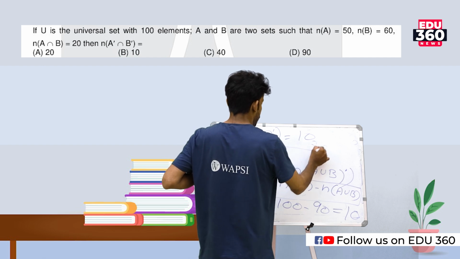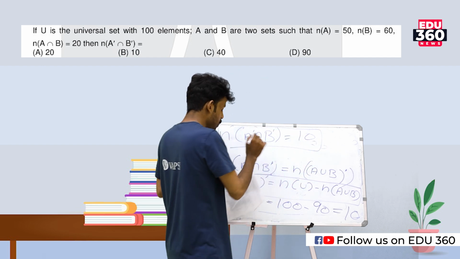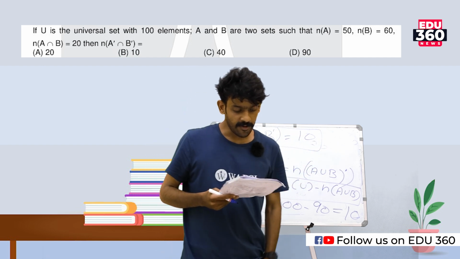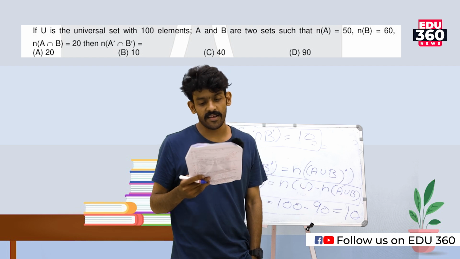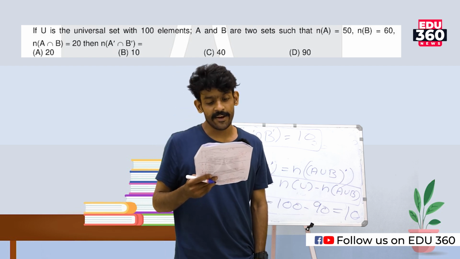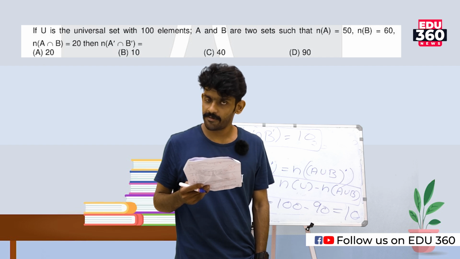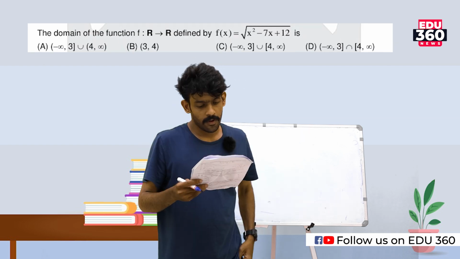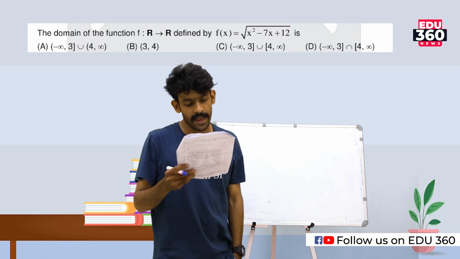So this is the final answer. Okay. So for this question, option B is the correct answer. That is n of A dash intersection B dash, the value is 10. So now we can move to the next one.